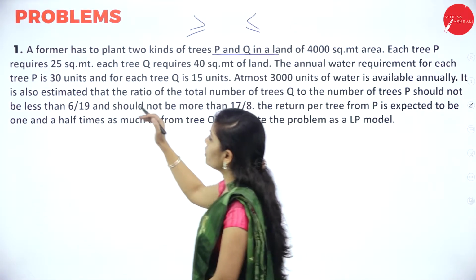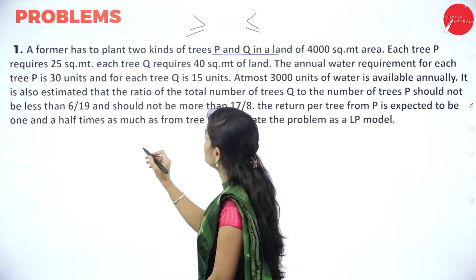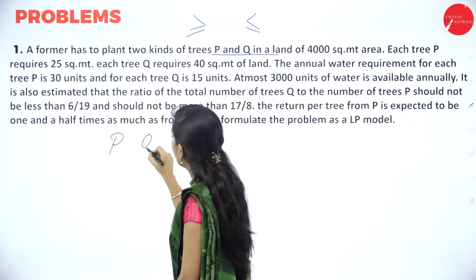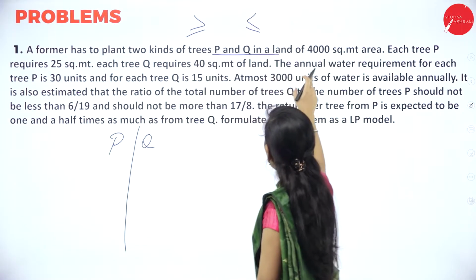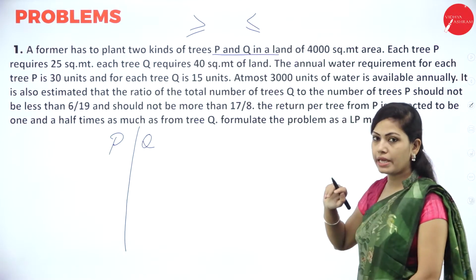So first we have, a farmer has to plant two kinds of trees, that is tree P and Q in a land of 4000 square meter area.